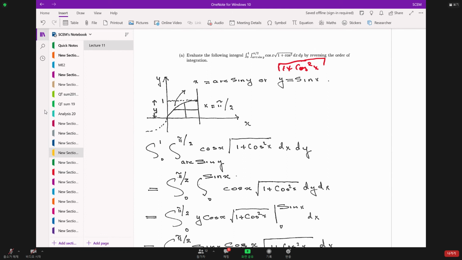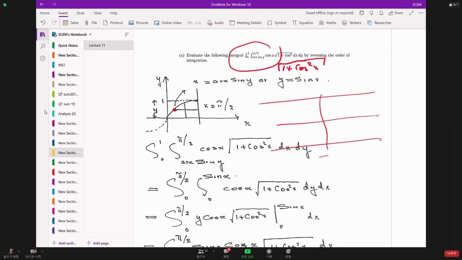Just look at this integral. You're integrating this first with respect to x. So x changes from arc sine y. The graph of arc sine, sine inverse, goes like this. Here's minus pi by 2, here's pi by 2. Sine inverse x is defined between minus pi by 2 and plus pi by 2.